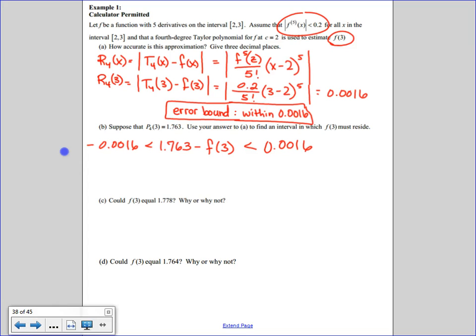Long story short, you're just taking 0.0016, adding and subtracting, right? So f of 3 is in between 1.7613 and 1.76466.